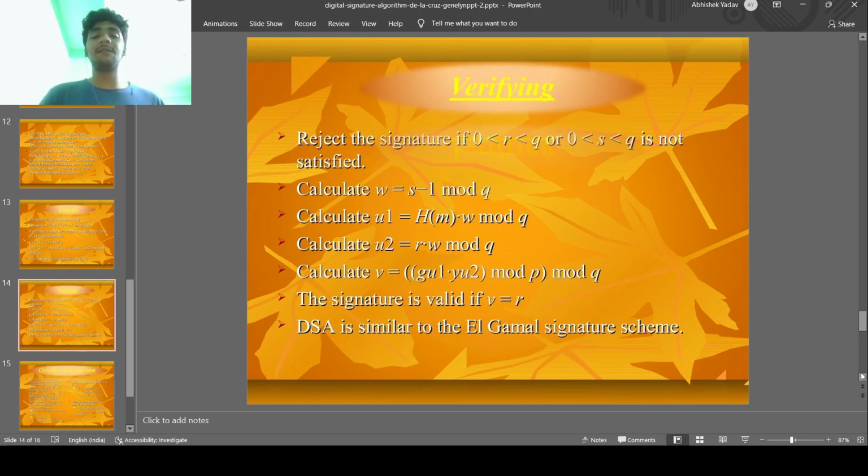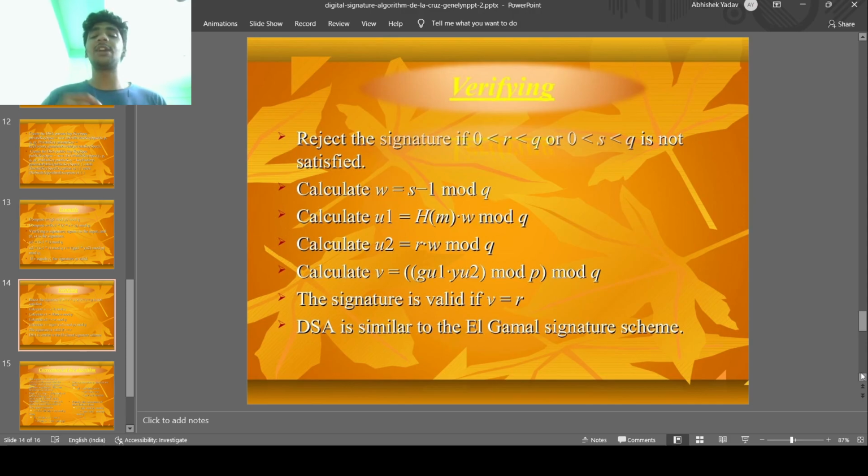We can first reject the signature if r or s does not follow the constraint that r and s are greater than 0 and less than q. After that, for verifying, we can use this. We first calculate w, which is basically s inverse mod q. Then we calculate u1, which is hash function of m into w, whole mod q.